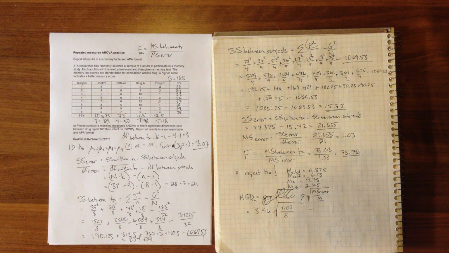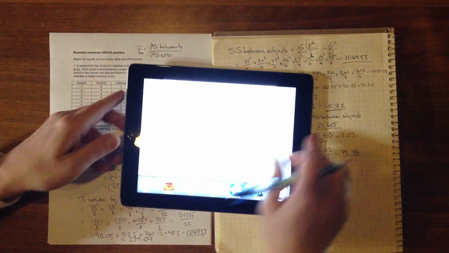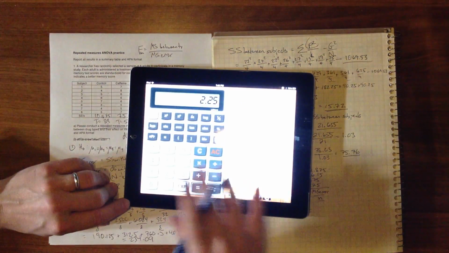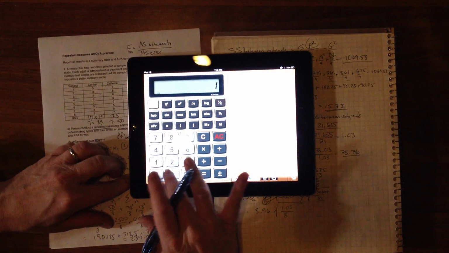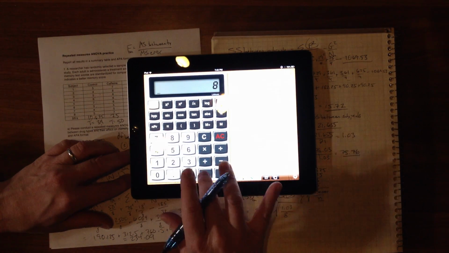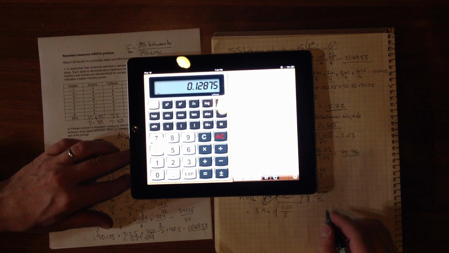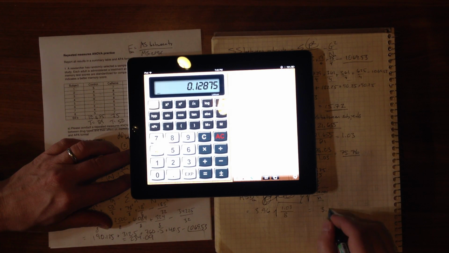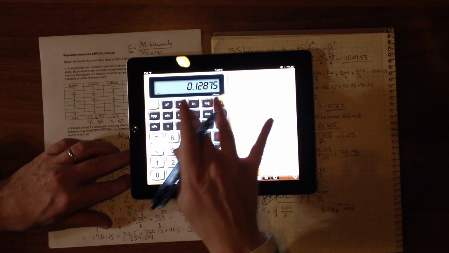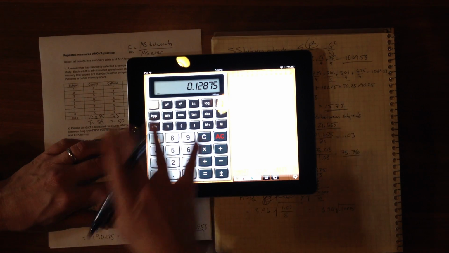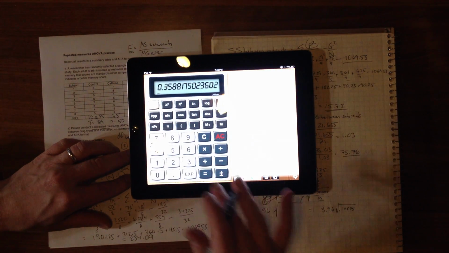All right, back to the calculator. 1.03 divided by 8 is 0.12875, so it's going to be 3.96 times the square root of 0.12875. We'll square root that. Where's the square root? There it is.